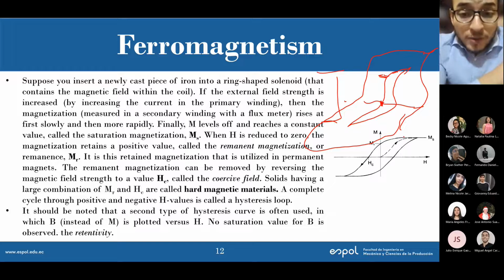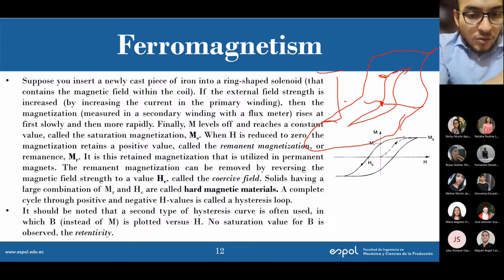So this is the most popular curve, magnetization versus magnetic field strength. Now I can have another type of hysteresis curve, in which instead of using the magnetization, we use the magnetic flux density. But it's the same principle.